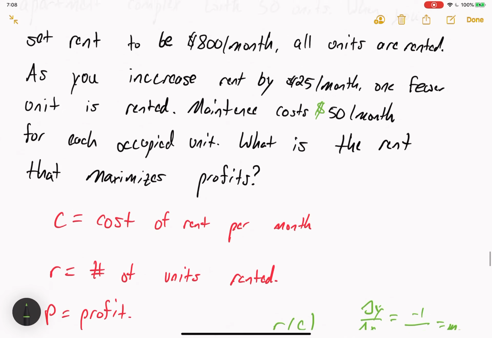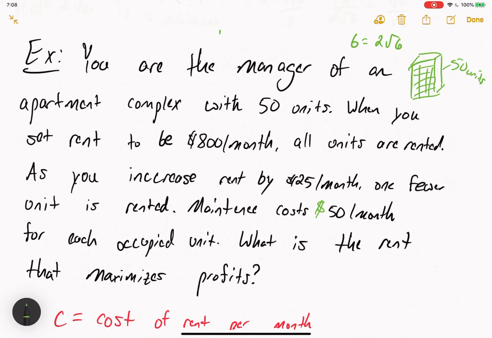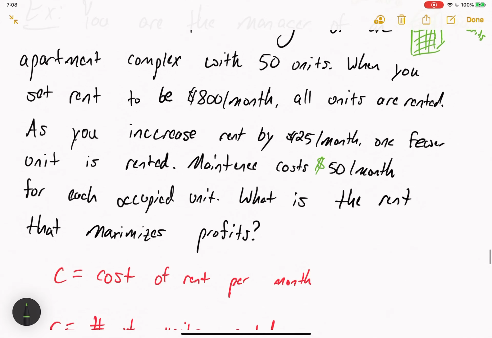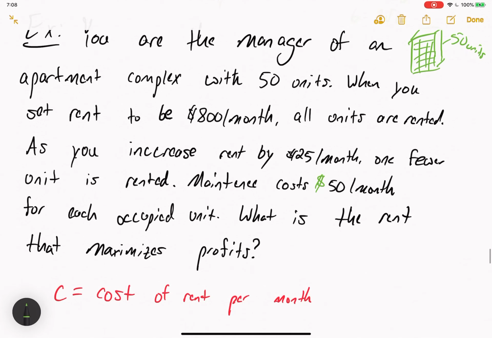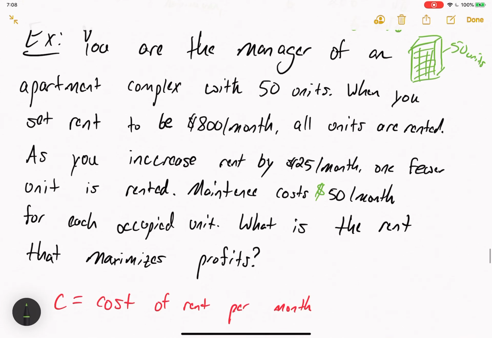You just have to go through these sections carefully and try to understand the equation and the setup. This one itself was a bit annoying. It took me a second to figure it out, but I was really just like, okay, manager of apartment, 50 units. What does that mean? What you have to understand is that when you set rent to equal $800 a month, all units are rented.